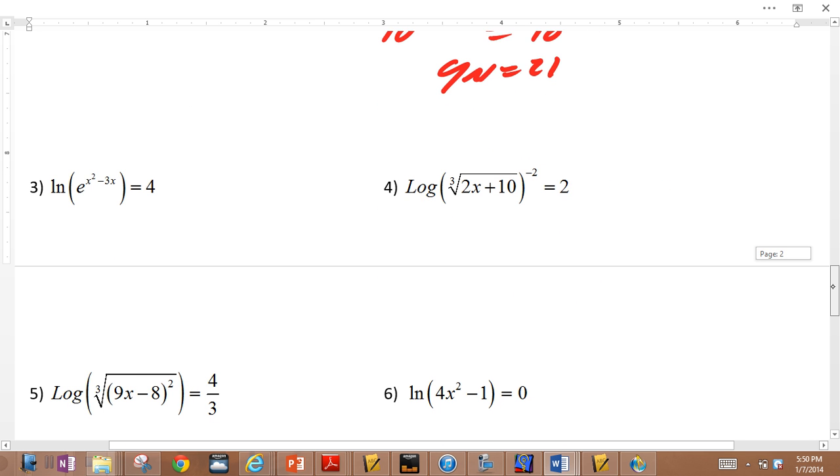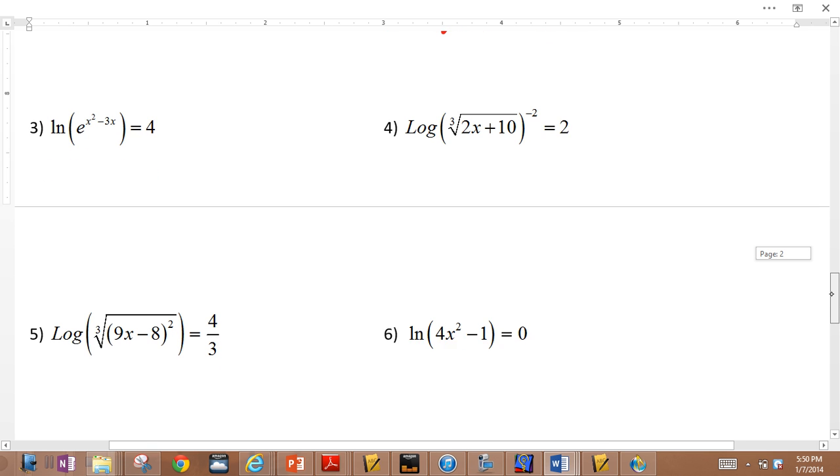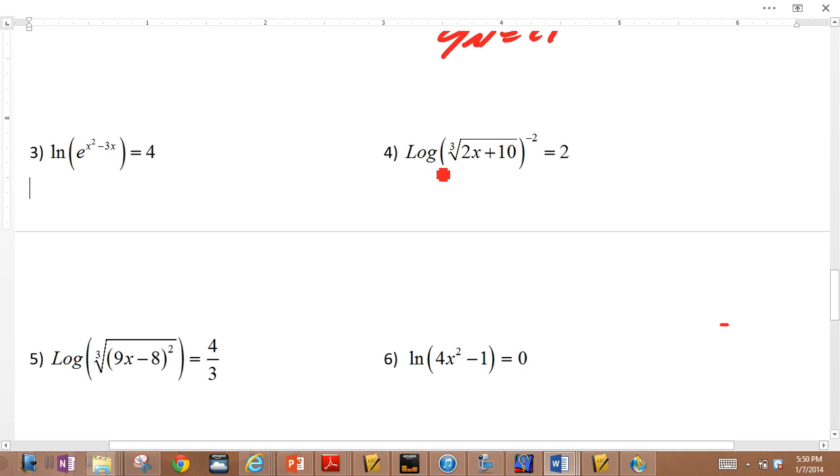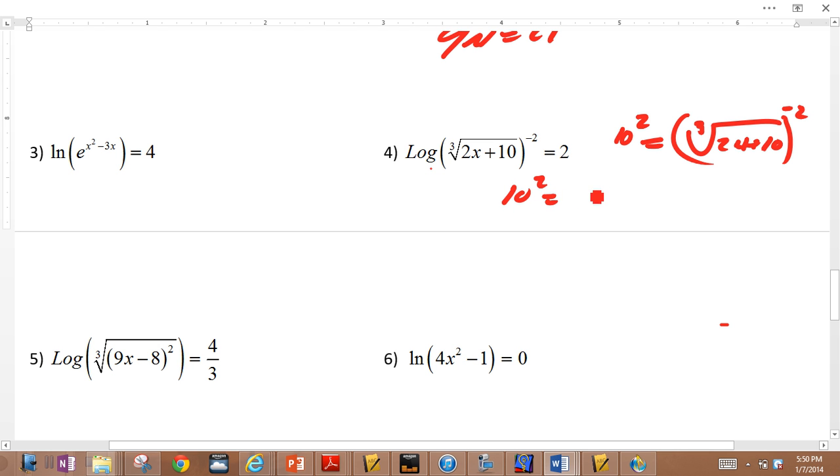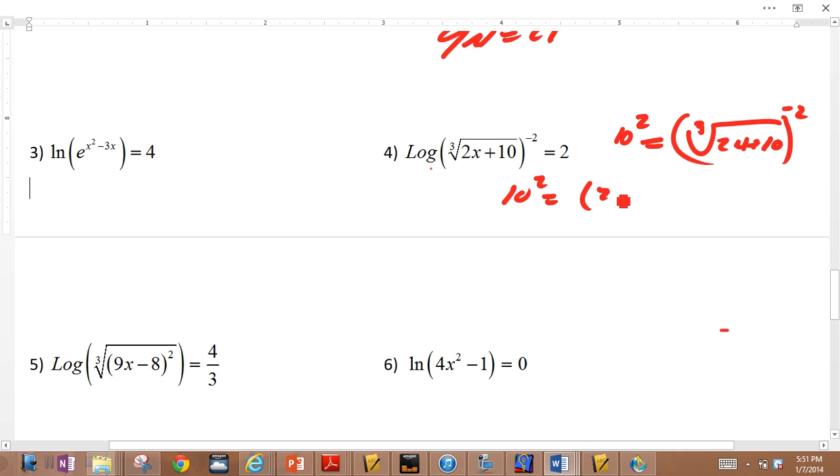You can. Now, some people squawked a little about some of these, but you just have to be creative in the algebra here. What's it say here? This will translate into 10 squared equals the cube root of 2x plus 10, to the negative 2 power. So 10 squared, or 100, but I'd leave it as 10 squared for now, equals 2x plus 10 to the negative 2/3 power.